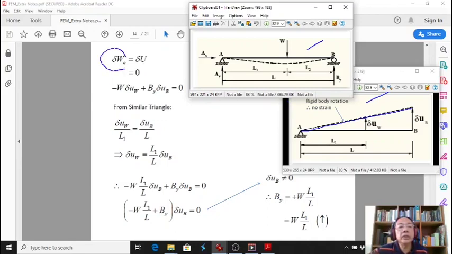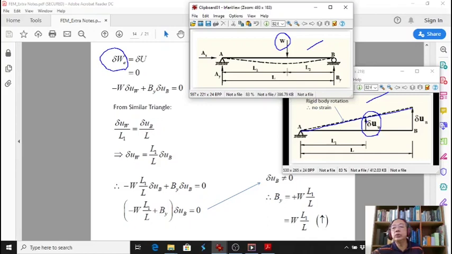Okay, so we consider now the virtual work external comes from load times displacement. So first, we take the real one, W is real, we multiply it by the virtual displacement, virtual UW.